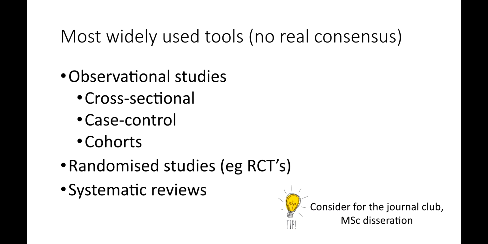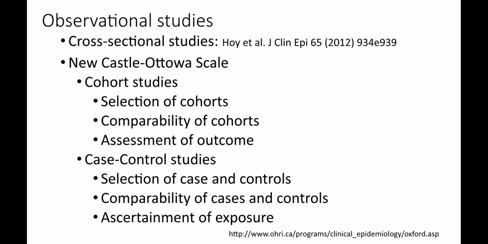So for observational studies, you have the 3 observational study designs there. There is one set of tools for randomized controlled trials. There's another set of tools, and for systematic reviews, there are also tools. So for the observational studies, the tool that is proposed here or that you can apply is the one by Hoy et al., which is shared under your Eufora folder. Whereas for the cohort studies and the case control studies, we typically use the Newcastle-Ottawa scale.